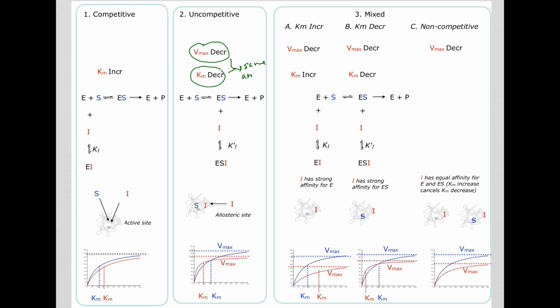Okay, so both Km and Vmax are decreased by the same amount. You can see that here in the Michaelis-Menten curve: in the presence of the uncompetitive inhibitor, the Vmax decreases, while at the same time the Km decreases by the same amount.